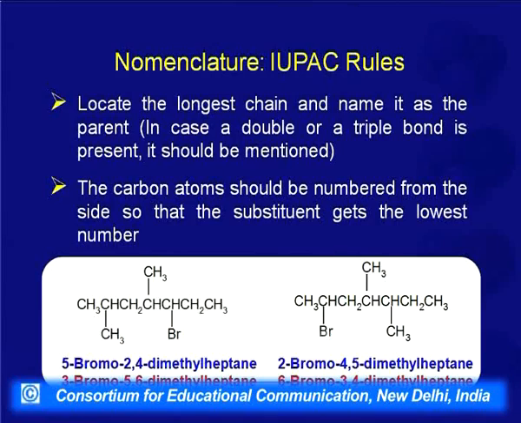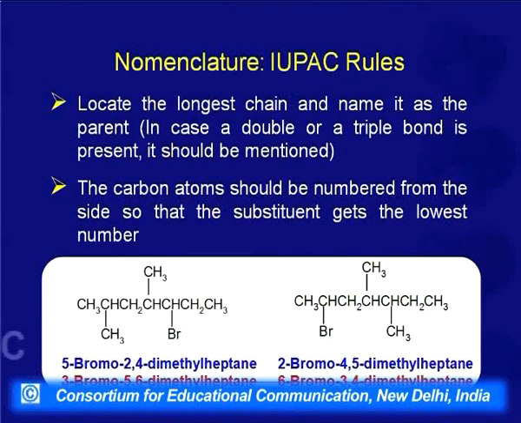One has to tell that it is an ene or an yne. So, the first thing which has to be done is to look for the longest chain. What we do next is the carbon atoms should be numbered from the side so that the substituent gets the lowest number. We saw this example in the previous slide also.